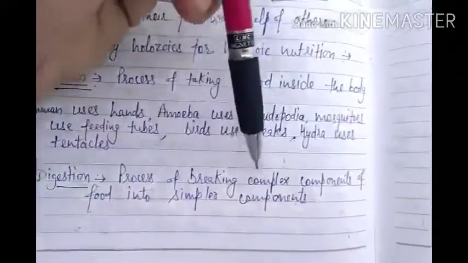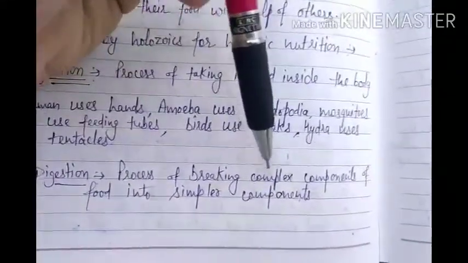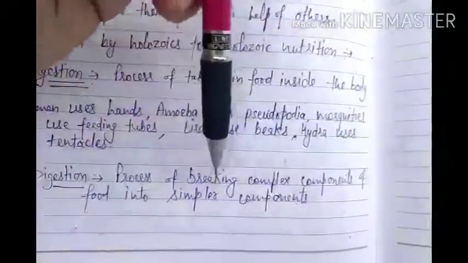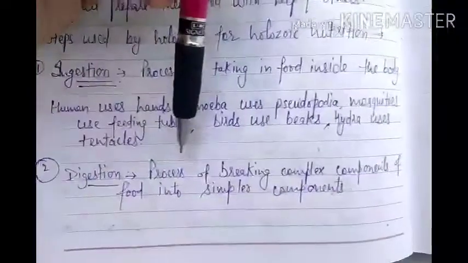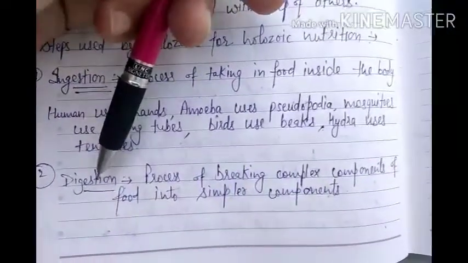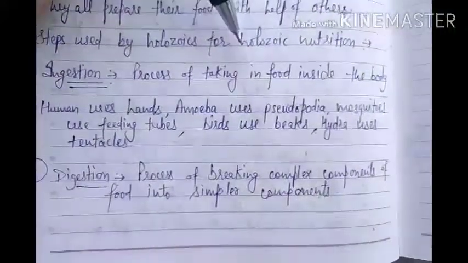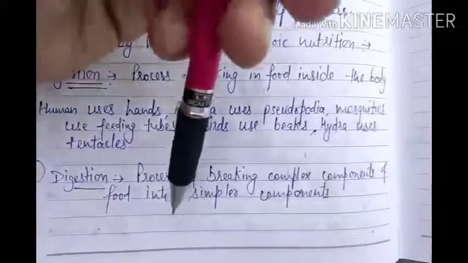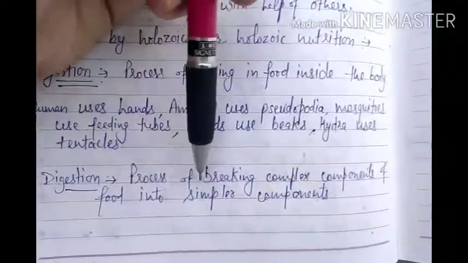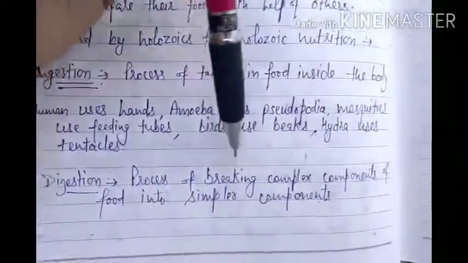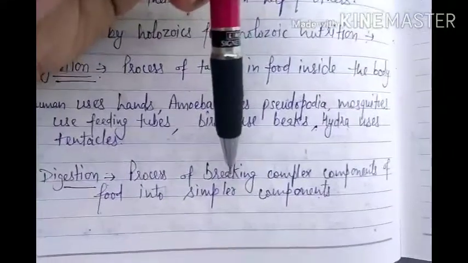So digestion converts them into simpler components by breaking them down. This is done in all holozoics. We are holozoic, so it also happens in our body. After taking the food inside the body, this is the second process.